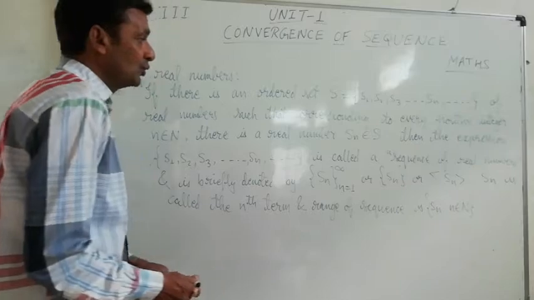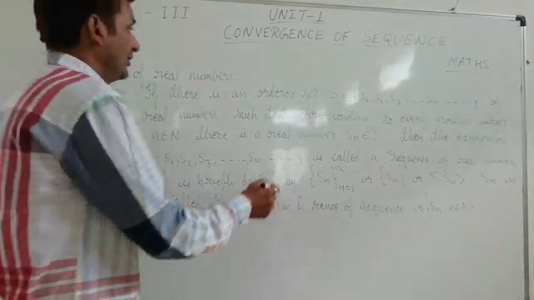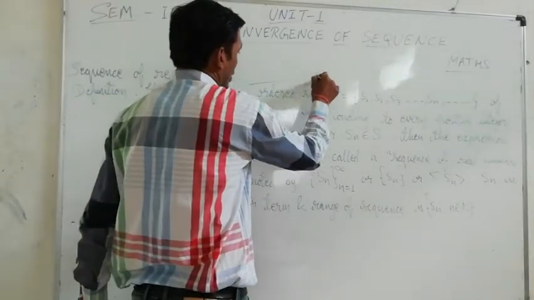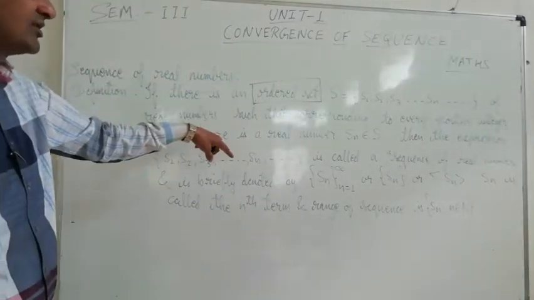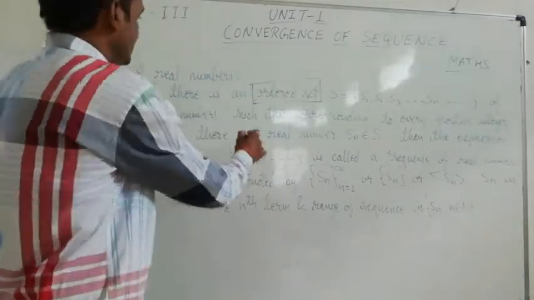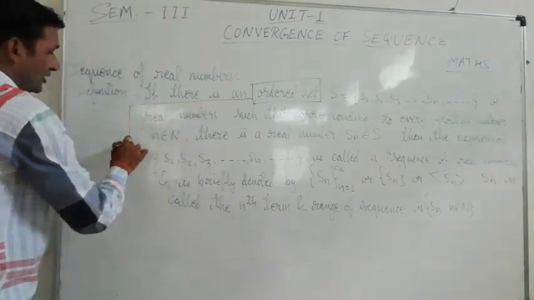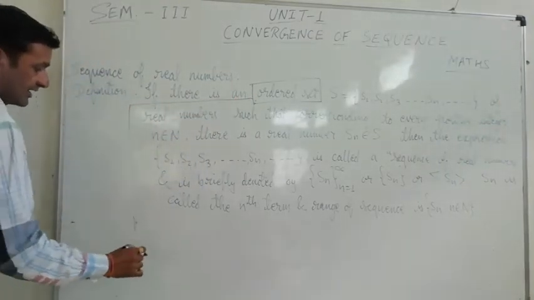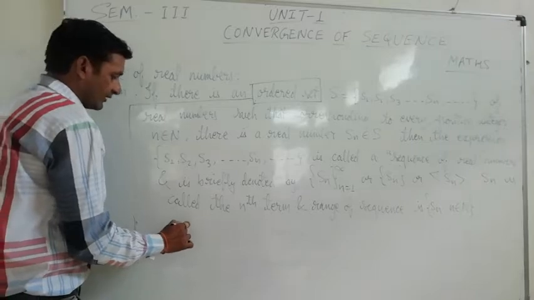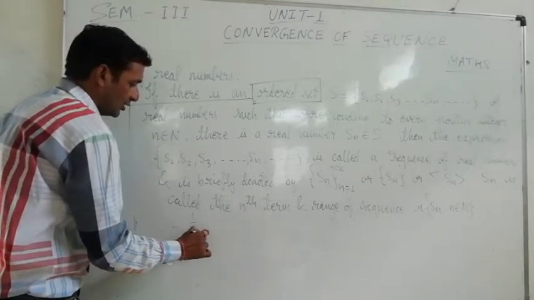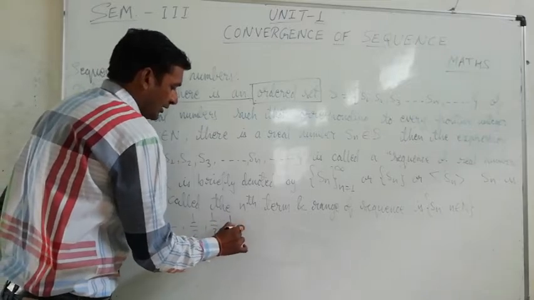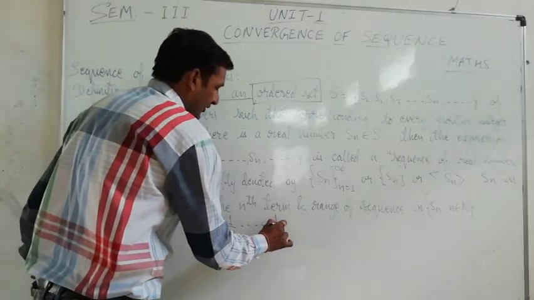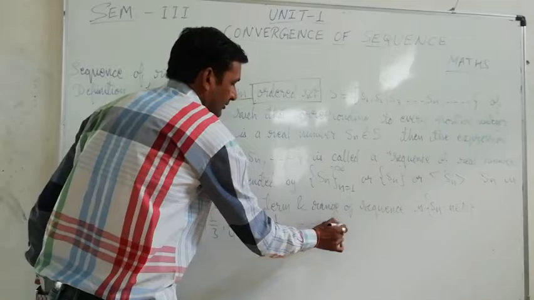Let me explain what we mean by this particular ordered set. Suppose I take 1, then 1 upon 2, then 1 upon 3, then 1 upon 4, and so on, and then 1 upon n and further.